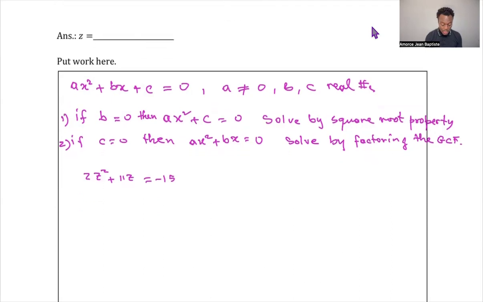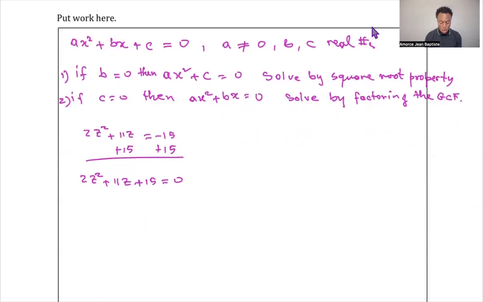We're going to start by putting this in standard form, so we add 15 on both sides. That is 2z squared plus 11z plus 15 equals 0. Now, if you remember, when you factor a trinomial of second degree and the coefficient of the squared term is not 1, you may want to multiply a and c.